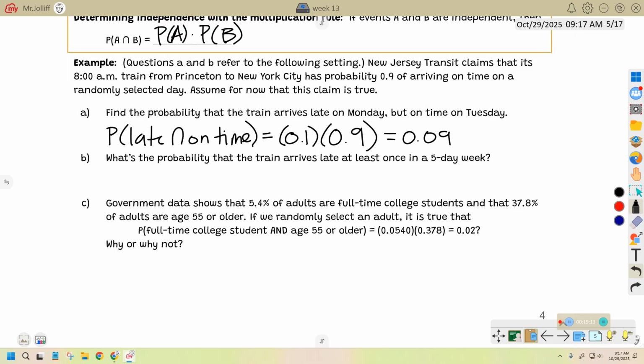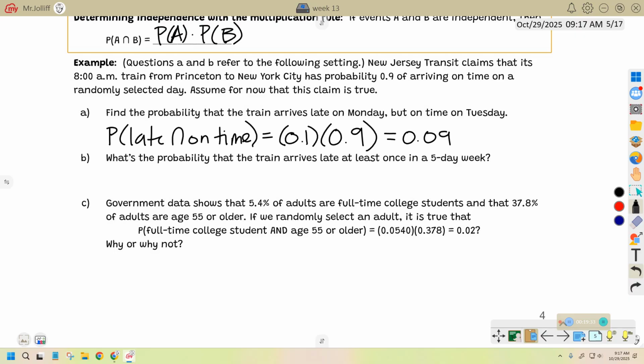Good. Next one says, what is the probability that the train arrives late at least once in a 5-day week? Oh, that's gross.